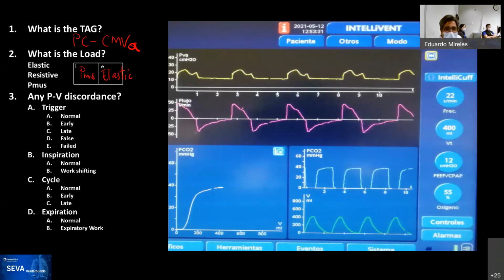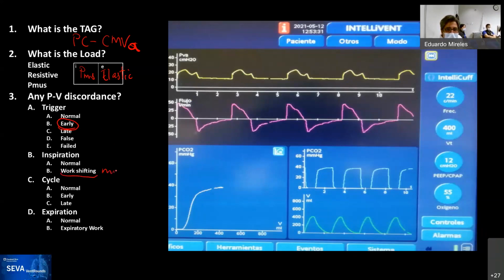That means we started passive, and then the patient got engaged. I see evidence of that on the pressure waveform as well. So I'm going to go with early trigger, where the vent triggers before the patient's effort kicks in, hence the name early trigger. For inspiration, the work shifting is minimal.